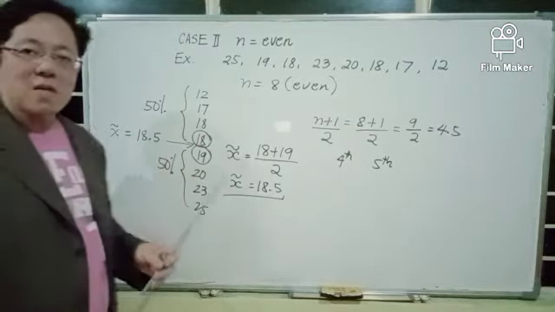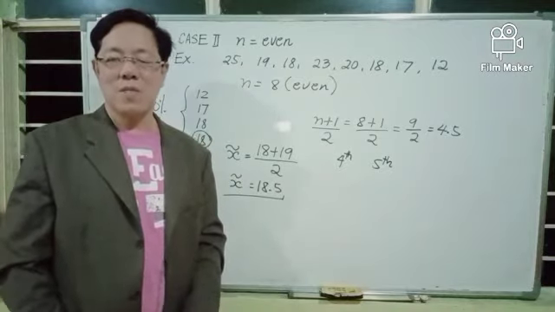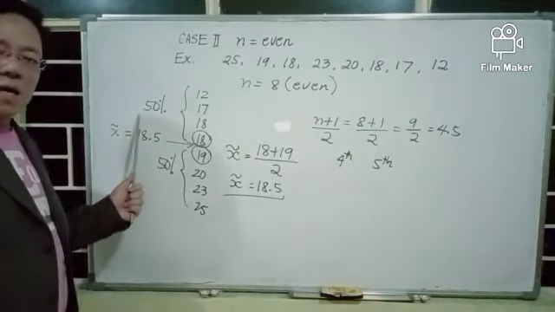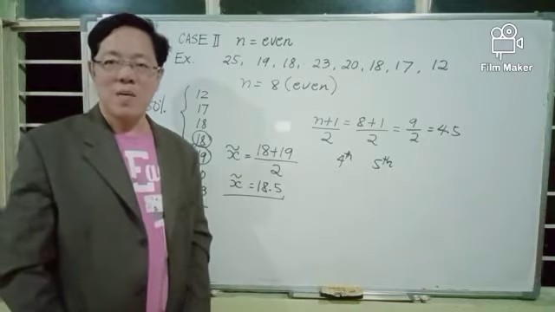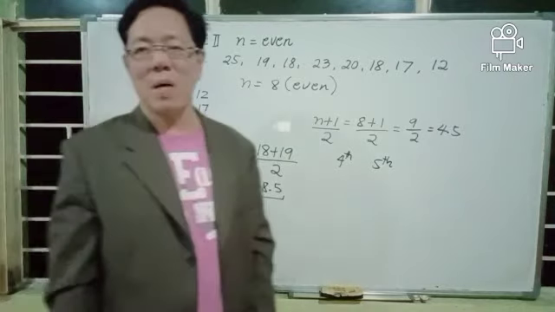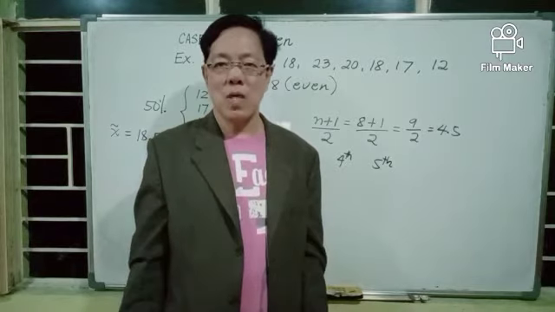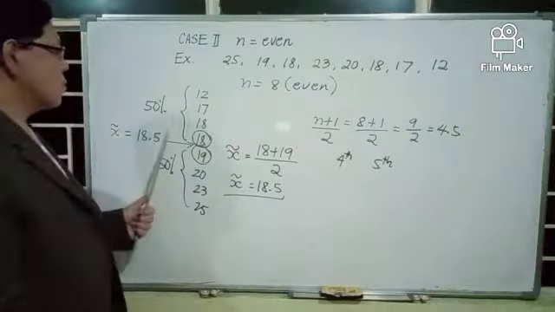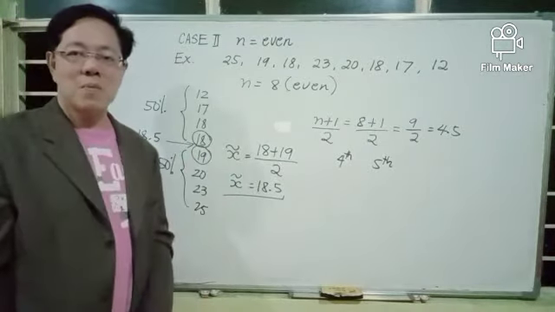That is, the median for an even number of observations divides the distribution of data into upper 50% and lower 50%. The median for an even number of values divides the set of data exactly into 2 equal parts, the upper 50% and the lower 50%. And that is true only for an even number of observations.